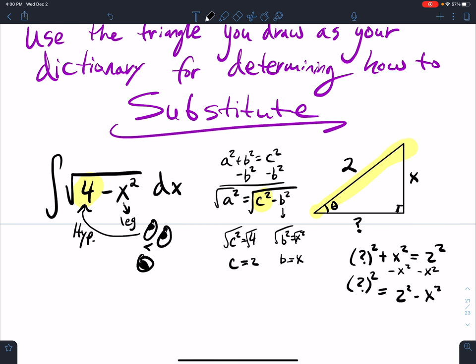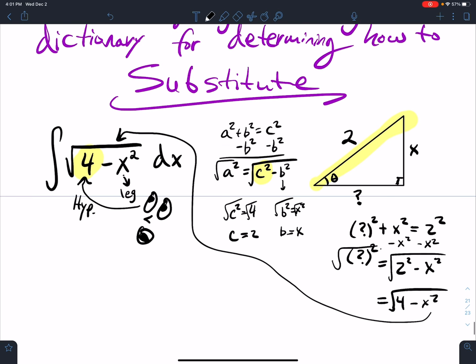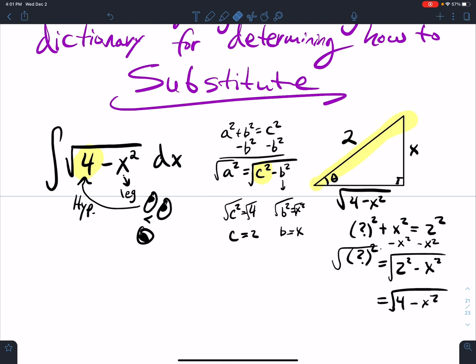But how do I get rid of the square? I take the square root of both sides, so this gets me the square root of 4 minus x squared, which is exactly what I want. So I label the something exactly what I wanted, the square root of 4 minus x squared. So let me get rid of all that.